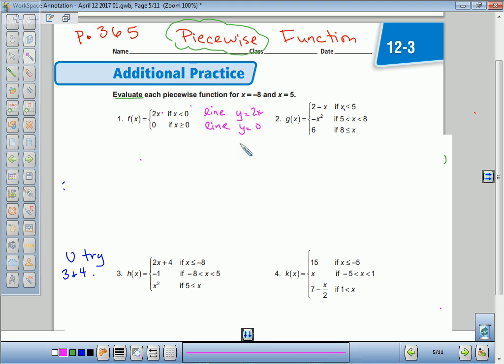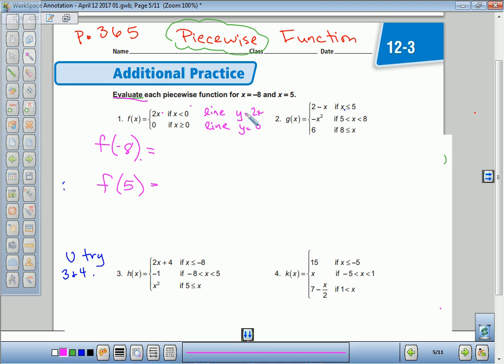Okay, what we're going to do first is just evaluate these piecewise functions. They give us two values for x. If we plugged in -8, what would we get out? If we plugged in 5, what would we get out?